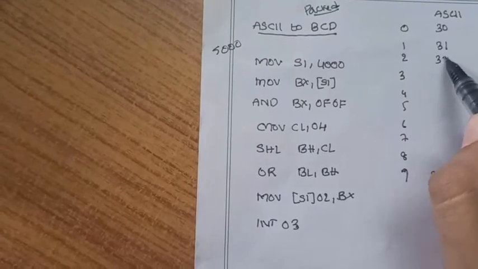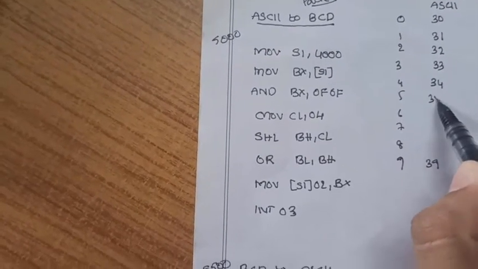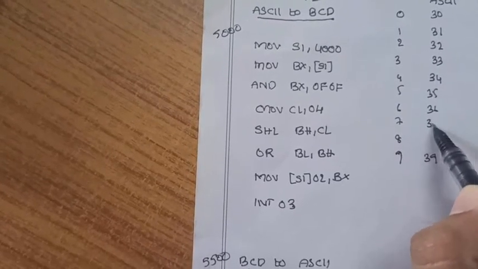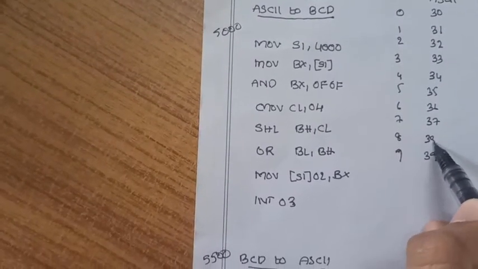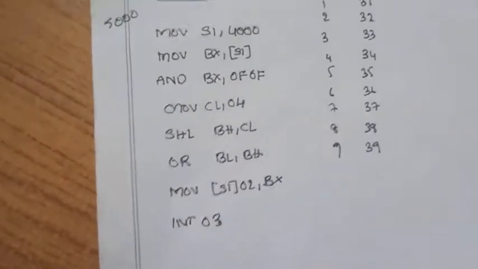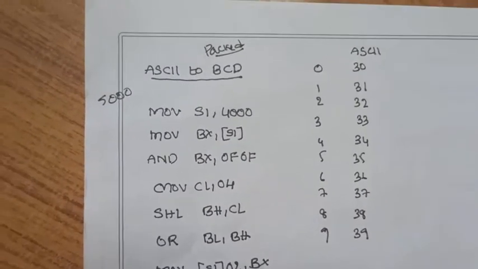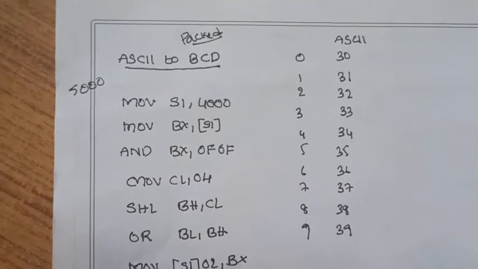These are called ASCII numbers in this particular program. So when you're talking about the ASCII number of 45, you have to write 3, 4 and 3, 5. So 3, 4, 3, 5.